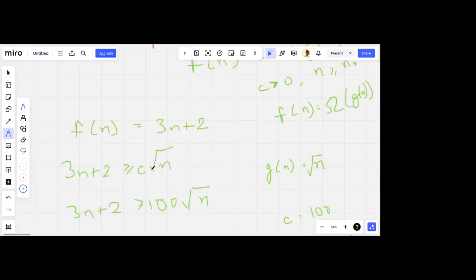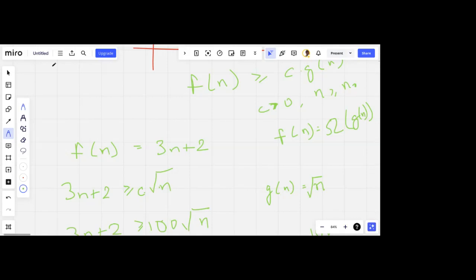Okay, so I can say that for this function, the omega is root n. Yes or no? For f of n equal to 3n plus 2, I can say that omega is root n, right? Is it clear? Just like big O, but this is just the opposite. Is it clear, guys? Yes or no? Is it clear, everyone?